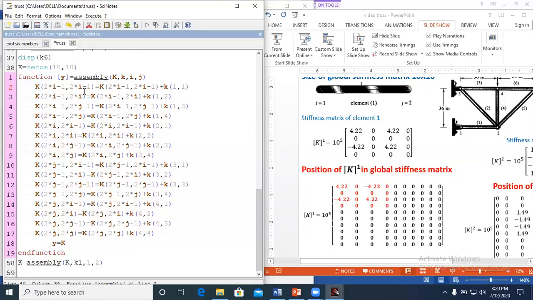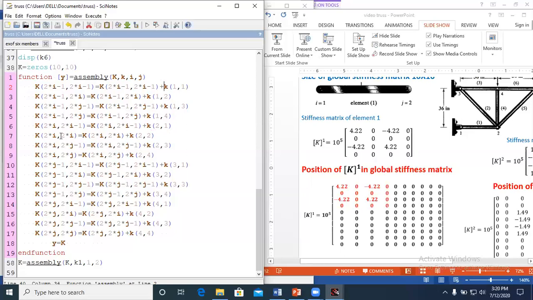It is 0 here, and K13 is replaced by k13 of k1. The same thing is repeated for the next, K14, because 2i minus 1 is 1 and 2j is 2 into 2, it is 4. This is 0 and it is replaced by k14.